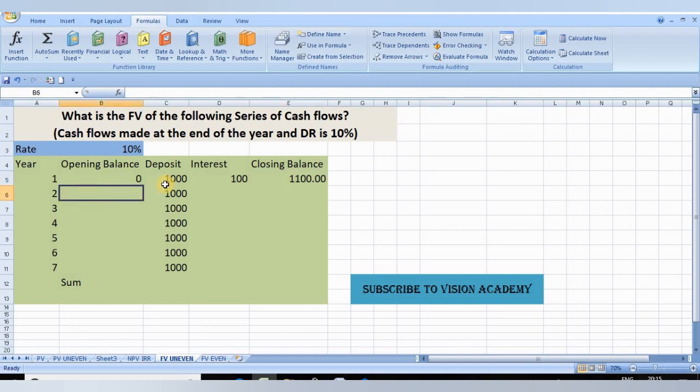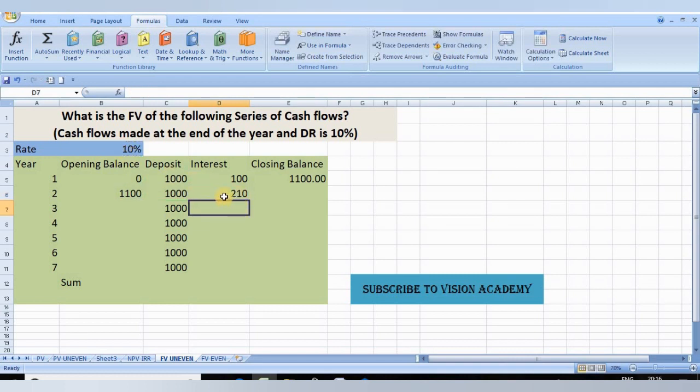For the second year, your opening balance will be 1100, because last year's closing balance will be next year's opening balance. The deposit is made even in the second year, 1000 rupees. Calculation of interest is the same as in the last example: opening balance plus deposit, multiplied by the rate of interest.